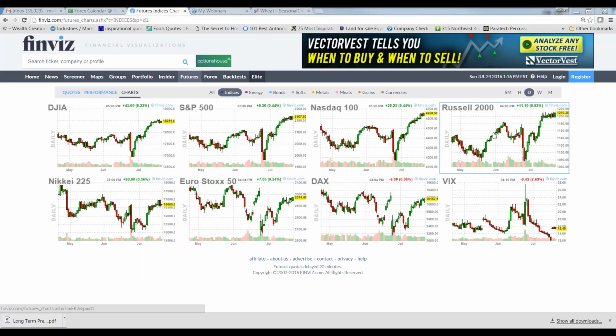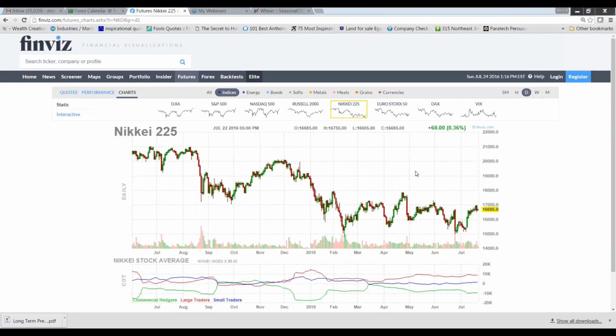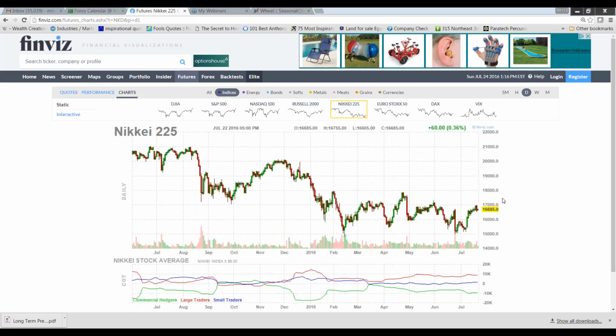I'll give you a good example so that you can see it better. If you look at the Nikkei on this Thursday, you see this big sell-off day.